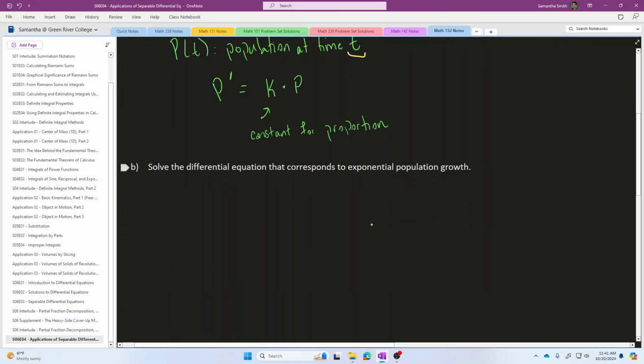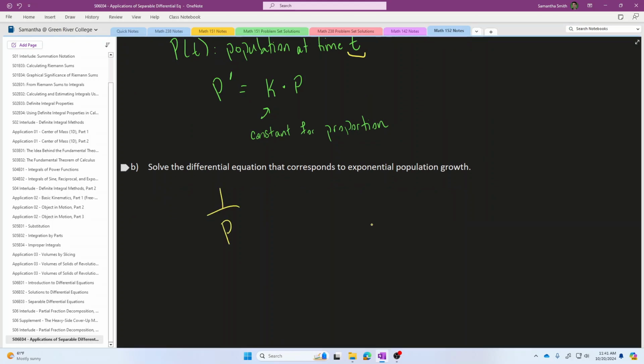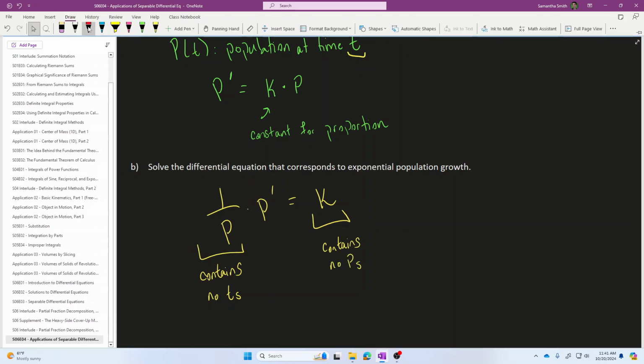If, for example, I pull p over to the left side, and I get 1 over p times p prime, leaving the constant k behind, here is the function on the left that contains no copies of the input variable. And here is the function on the right-hand side that contains no copies of the output variable. And here is that all-important product on the left side.